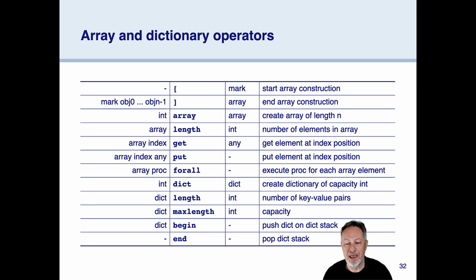The moment you say end, you pop that dictionary off, and everything that's stored in that dictionary is no longer in scope. It's no longer visible. Pushing the dictionary back onto the dictionary stack, the same dictionary which you've stored, will again make all of those names visible.